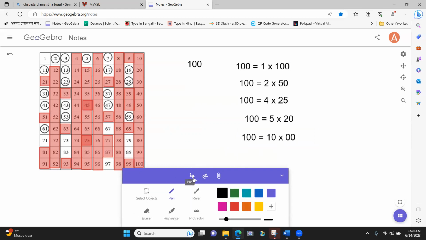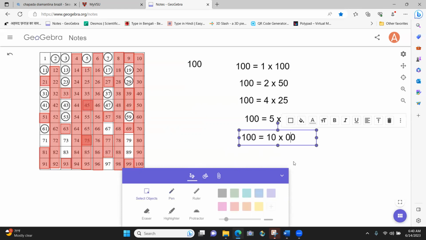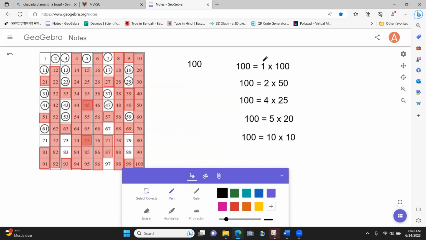You don't have to say, is it divisible by 11? Is it divisible by 12? Why, guys? So let me fix that. I made a mistake here. Okay, so these are the factors of 100. 1, 2, 4, 5, 10, 20, 25, 50. Right.